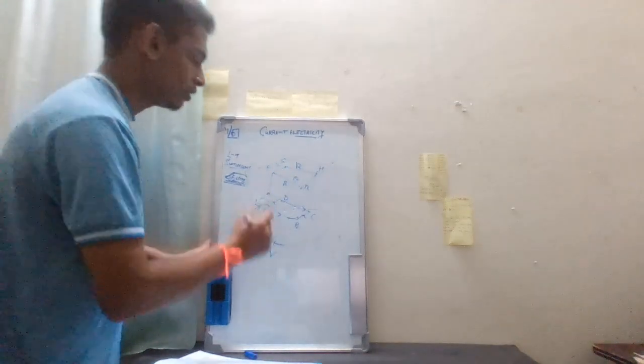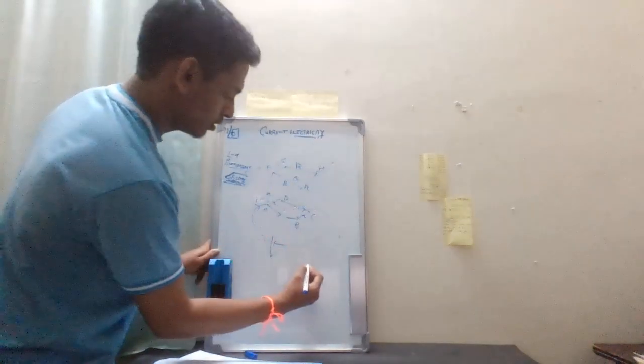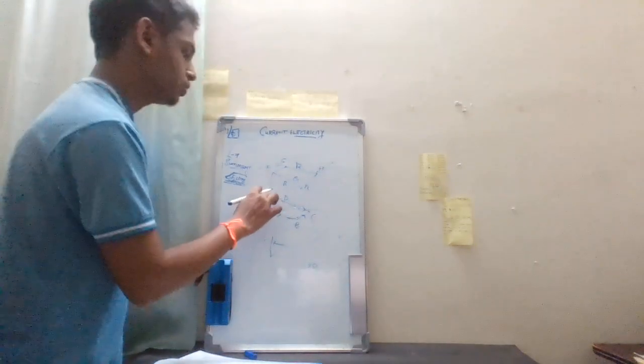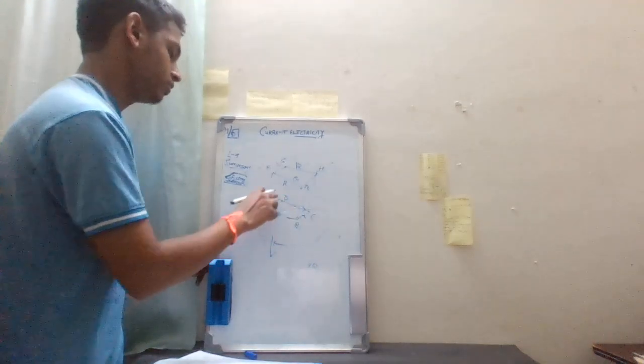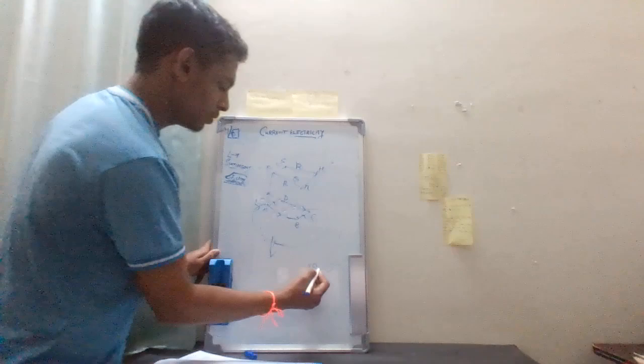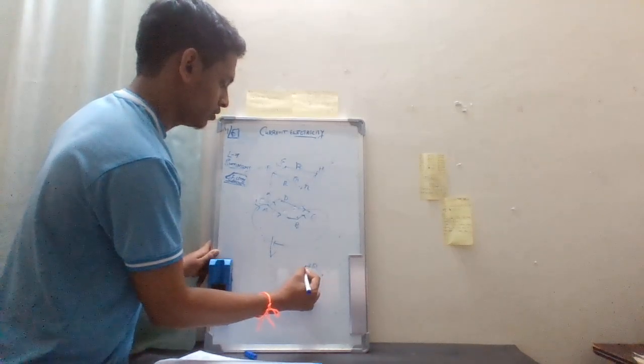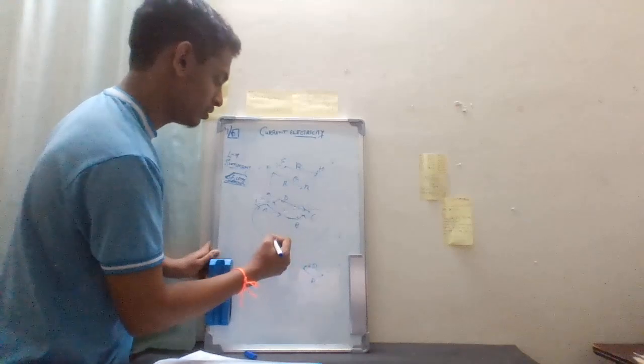That would be R, R. So 3R, 3R, and here also R and R. This would be parallel. R, 2R, 2R, R. So R, here R, right?